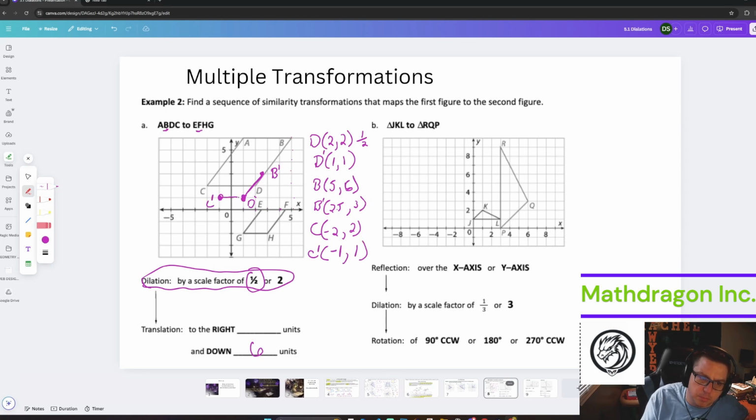And there's our figure. So now when we translate it, we're going to translate it 1, 2, 3 units down, not 6, because we have to do the dilation first. And then it's going to be over 2 units to the right.